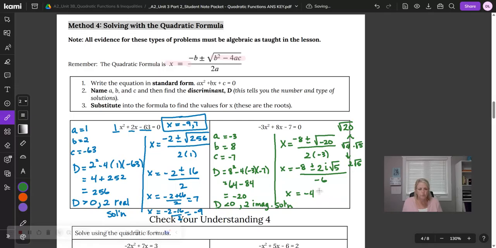So I get -4 plus or minus i times the square root of 5, divided by -3. Just checking over my work, see if I missed anything.